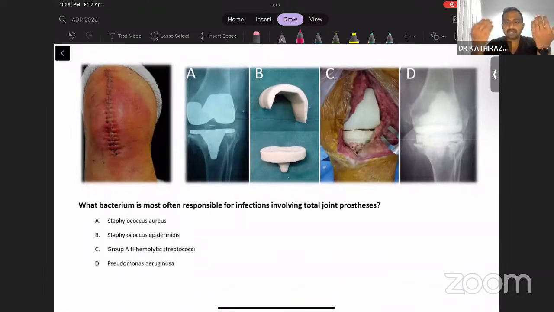Now, since we spoke something about Ewing sarcoma, and while talking about Ewing sarcoma I told you it has a bad prognosis, especially as it can sometimes behave like an osteomyelitis, my next question is, if there is an osteomyelitis in an arthroplasty patient, what is the diagnosis?